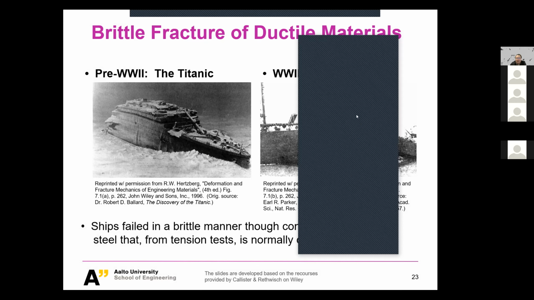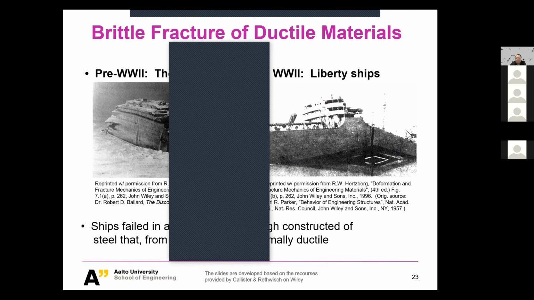So why would we have so many catastrophic fractures of steels? You can see the Titanic, and on the other hand the Liberty ships, where the fracture is more significant. You see there's a big cleavage fracture over there. And why could these ductile steels develop brittle fracture?